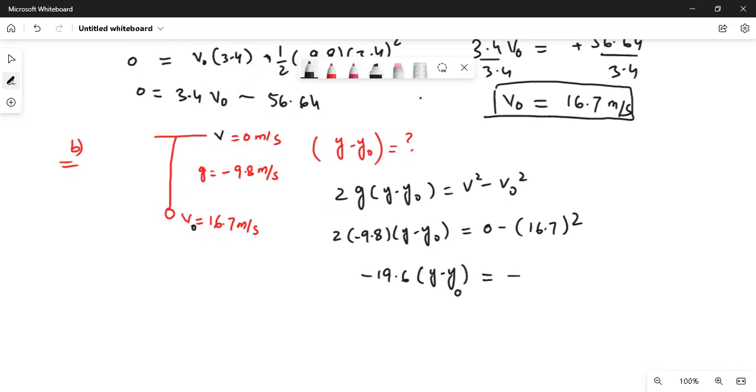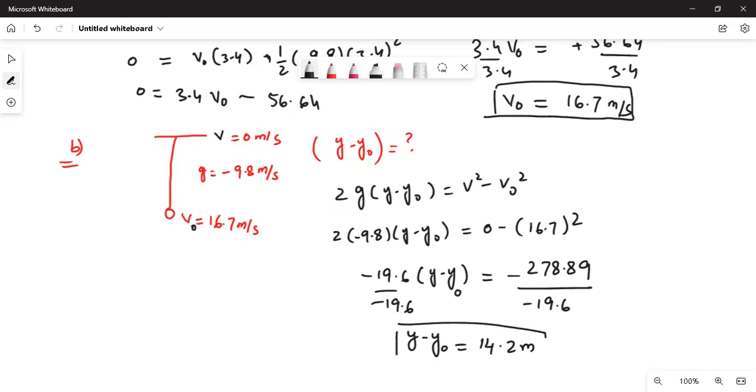The square is negative 278.29. Divide by negative 19.6. So the negative cancels, and the height is positive 14.2 meters. This is the maximum height it attained.